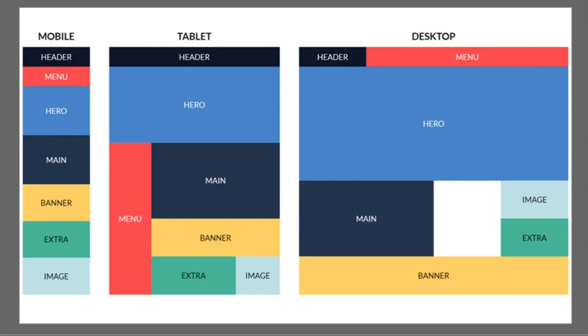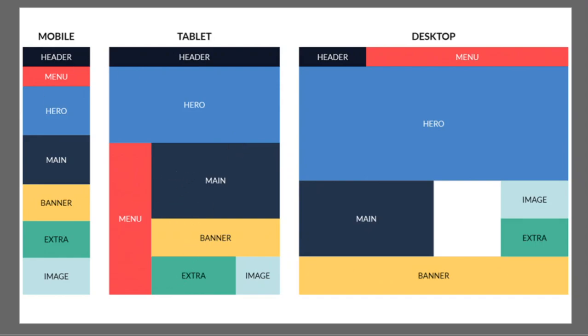Okay, so pag gumamit tayo ng mga CSS frameworks like Bootstrap, so Bootstrap is a very popular CSS framework, automatic mag-a-adjust yan. Mag-a-adjust yung mga contents, yung mga semantics. Pag sinabi natin semantics, header, menu, navigation.